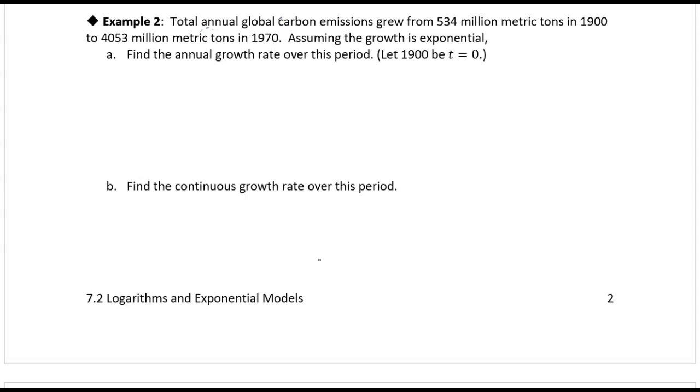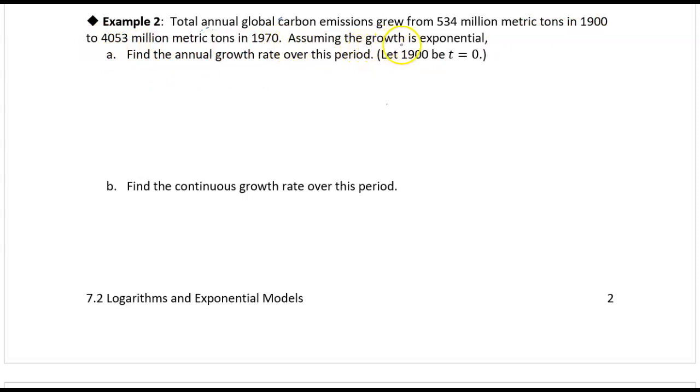And we're actually going to talk more about exponential models in a couple days. But here we've got annual global carbon emissions from 1900 to 1970. So we have a couple of different points. 534 million metric tons in 1900, 4,053 million metric tons in 1970.